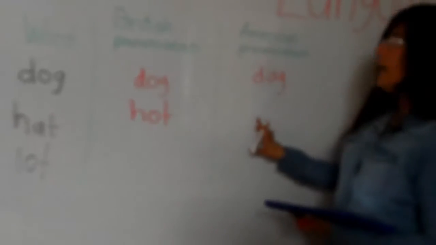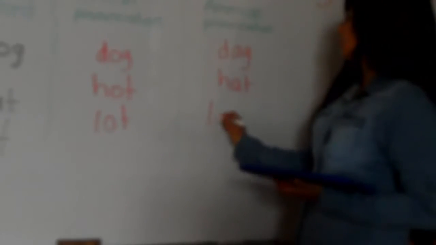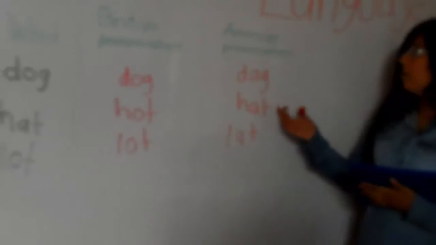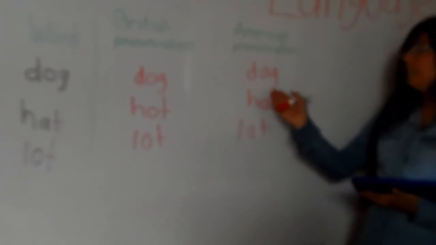In British pronunciation it is hot, but in American pronunciation it is hot. And our third word is lot. The British pronunciation is lot, but in American pronunciation it is lot. As we could see, the word changed just in the middle with the O and the A.